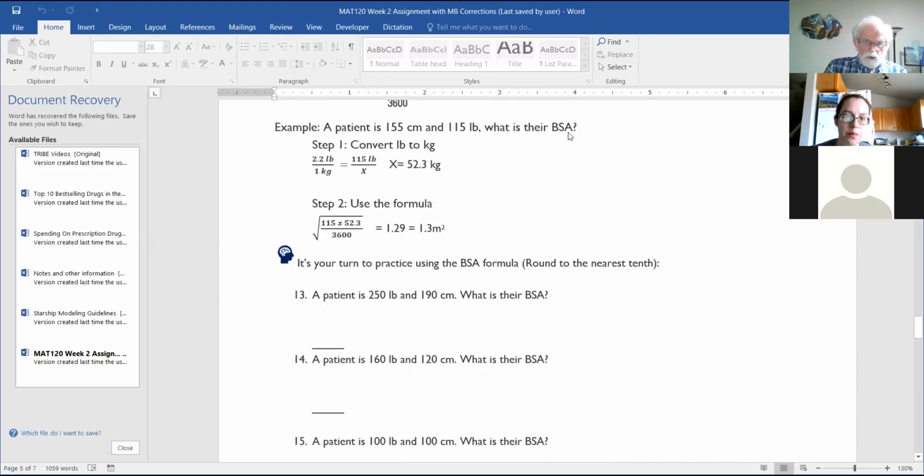The formula is important to understand how we calculate this, because we're looking at a person with 1 square meter of body area. Obviously, multiplying height times weight would equal 3,600, and 3,600 divided by 3,600 is 1.